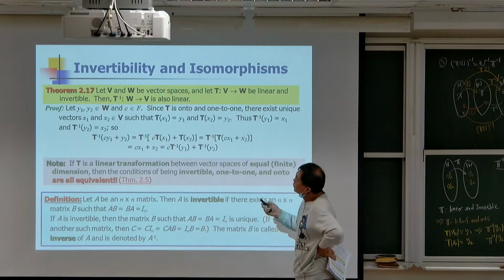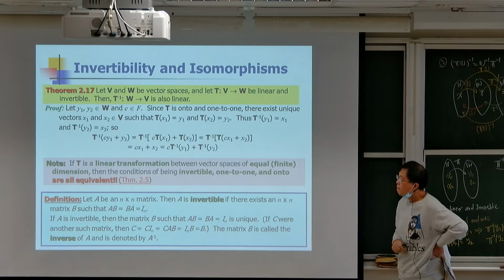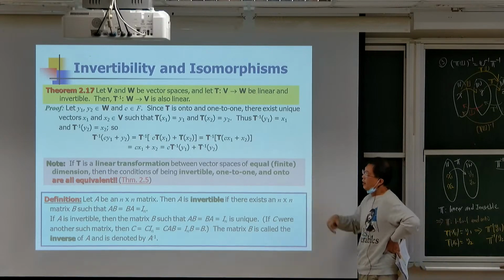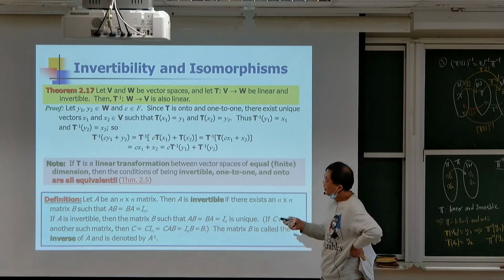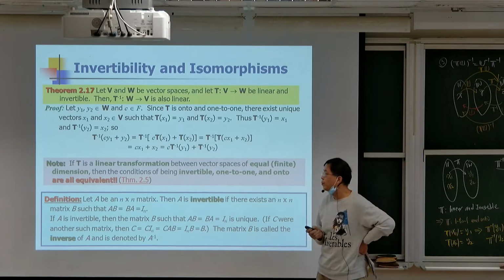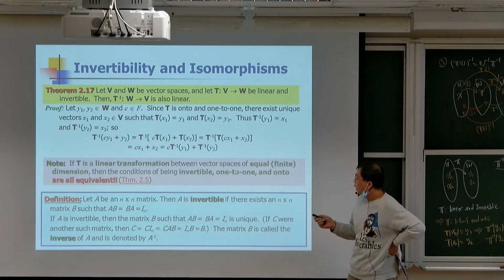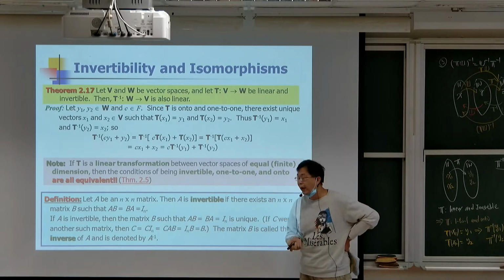So theorem 2.17 is simple. Then the next statement is that if T is a linear transformation between vector spaces of equal dimension, then the conditions of being invertible, 1 to 1, and onto are all equivalent. Actually, it follows from theorem 2.5.